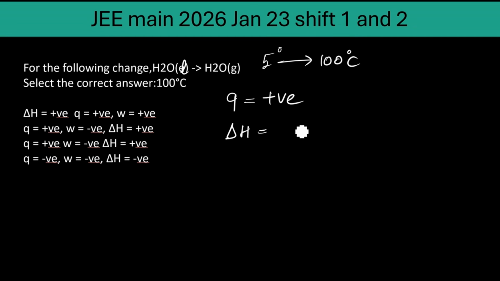Enthalpy change, that is endothermic. Correct, heat absorption. So which option matches this? q positive, delta H positive. B and C are looking the same. I think this must be negative. q is positive, delta H is positive, and w, the system expands, so w is negative.